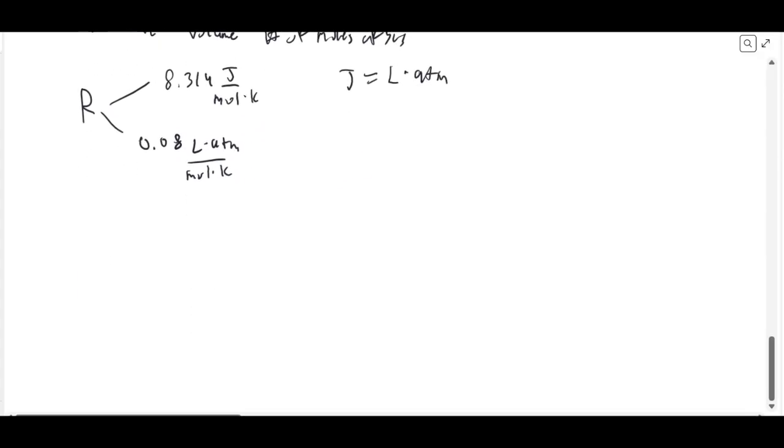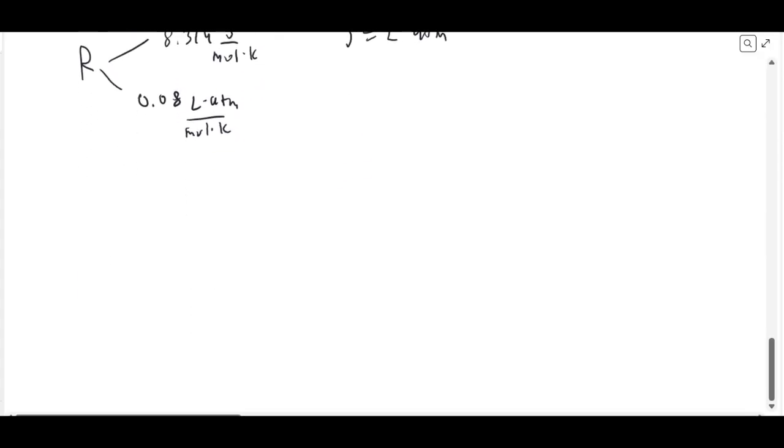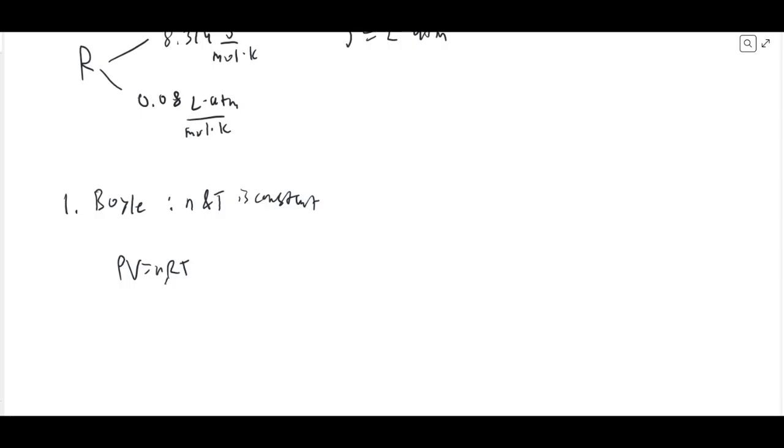There are many laws within the ideal gas law, one of them being Boyle's law, which basically means that the number of moles and temperature are constant. So for this equation, R is already constant, so it doesn't matter, and T is gone.